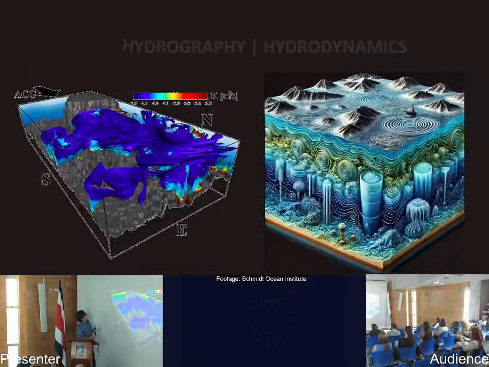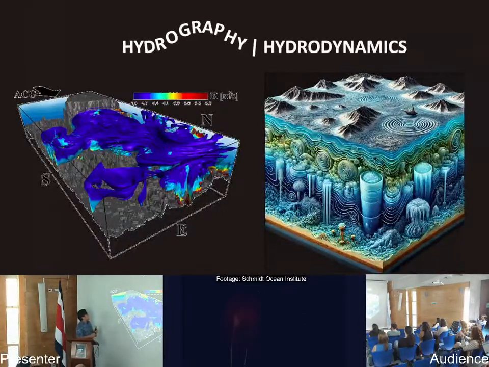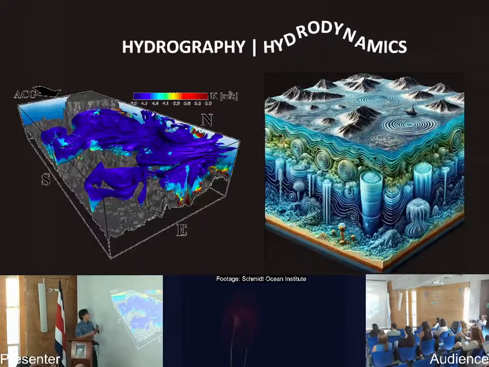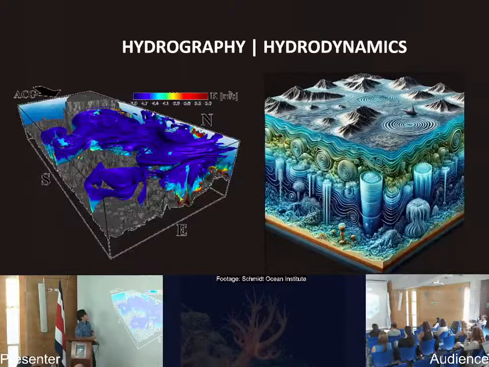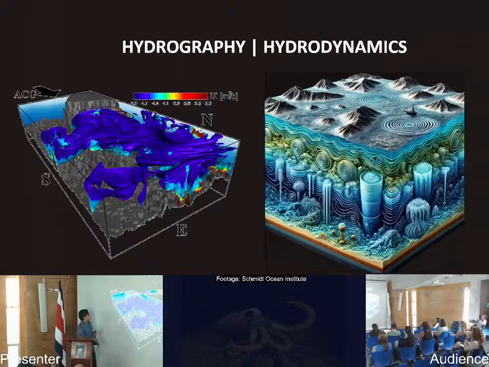So to have two concepts, first I'm going to focus on hydrography and hydrodynamics. This means, as you can see here, that both are fields of research within physical oceanography. Hydrography is pretty much how the different parameters are distributed in a specific space and time.